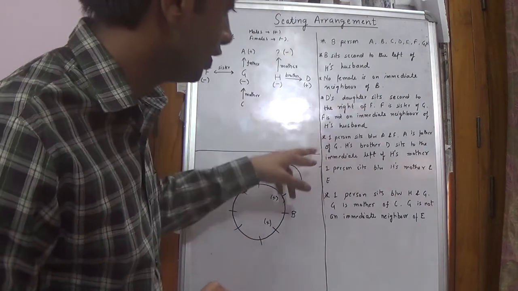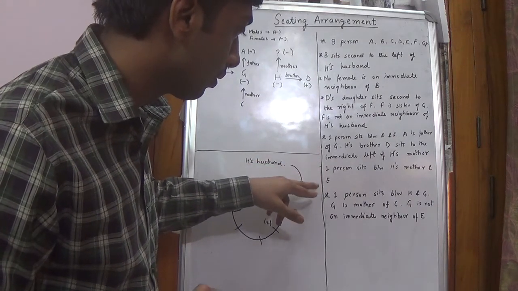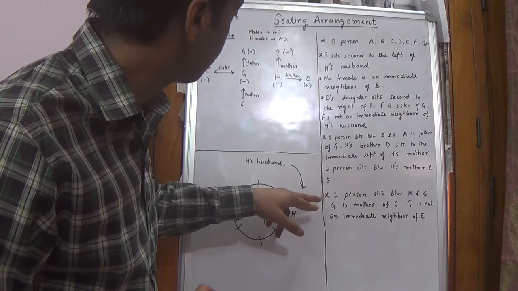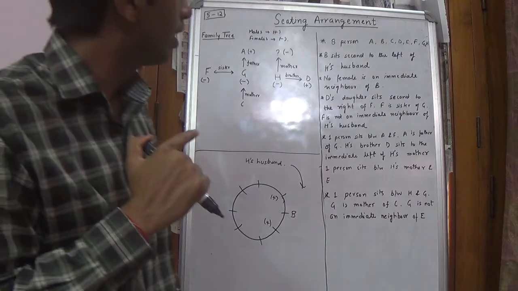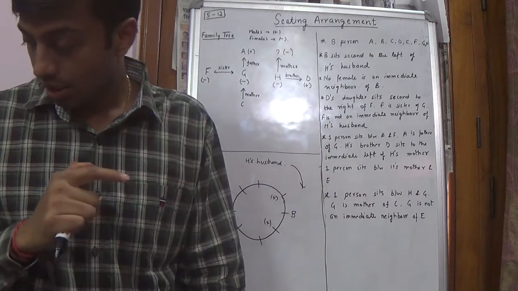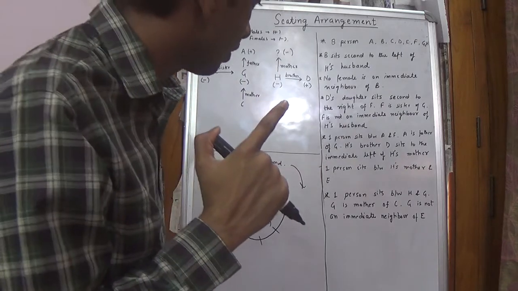F is sister of G. G is mother of C. She is not an immediate neighbor of E. So the last person remaining is D's daughter.